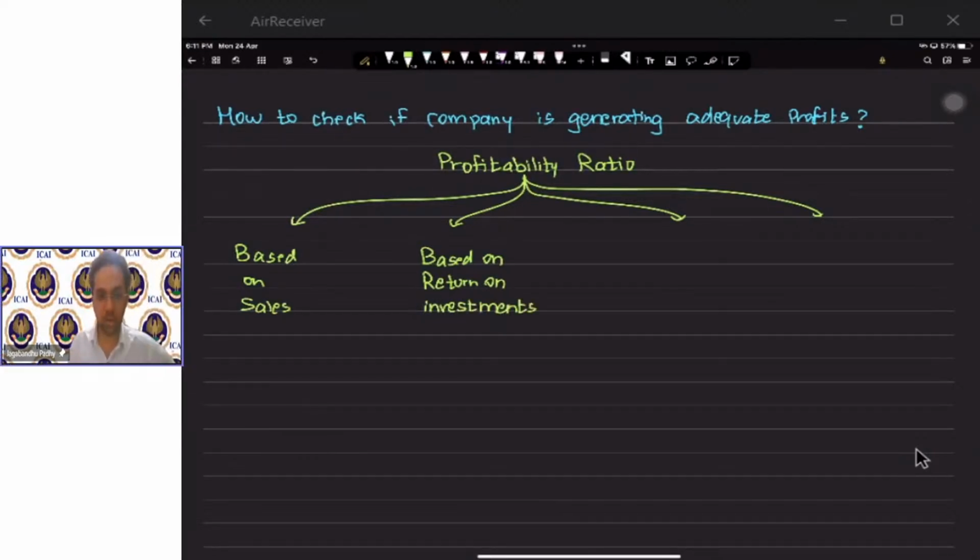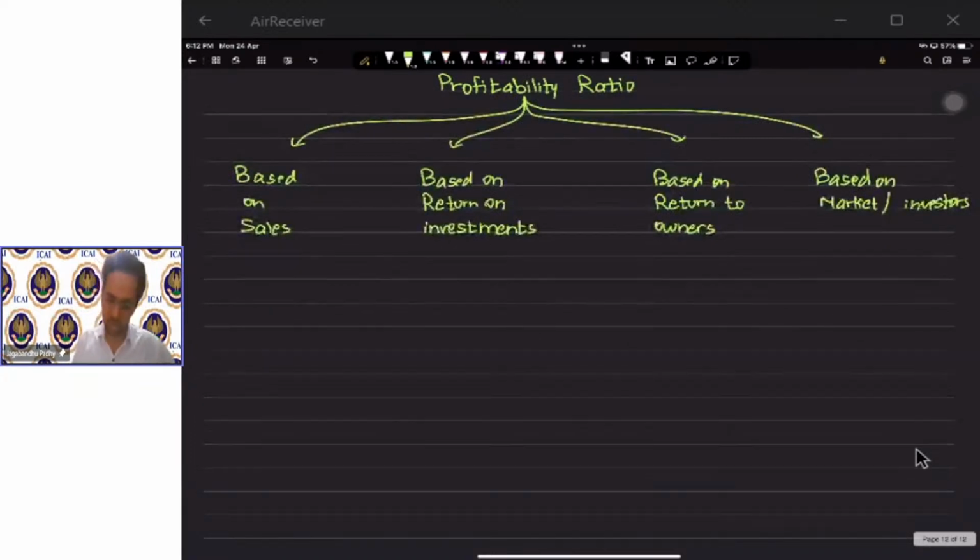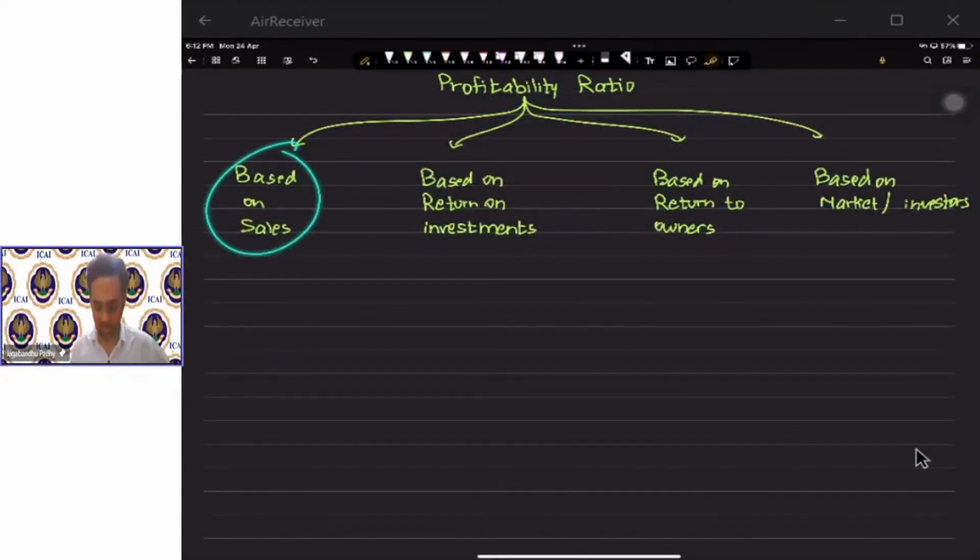Third is based on return to owners. And then last is based on market, or we're talking of the investors. Okay. Now, let's first talk of the initial part, which is based on sales.